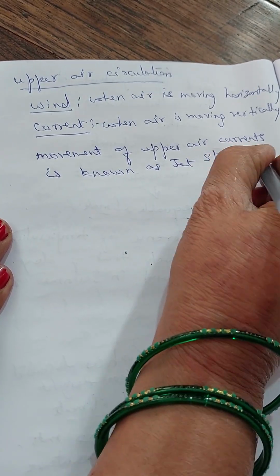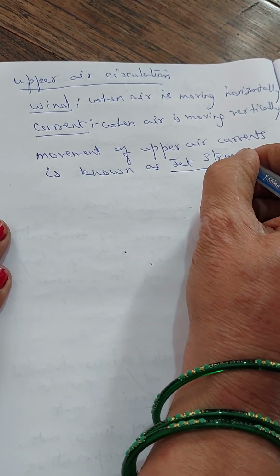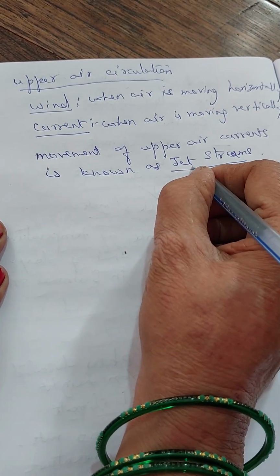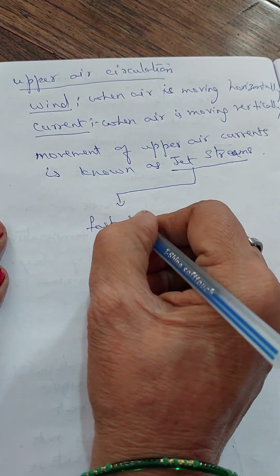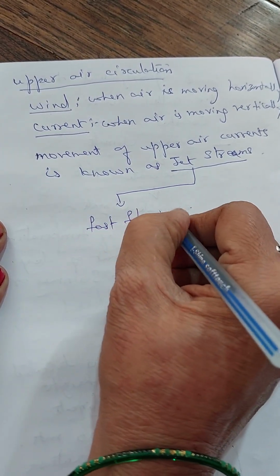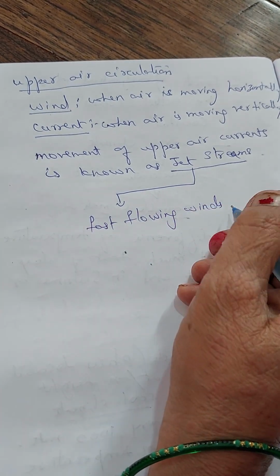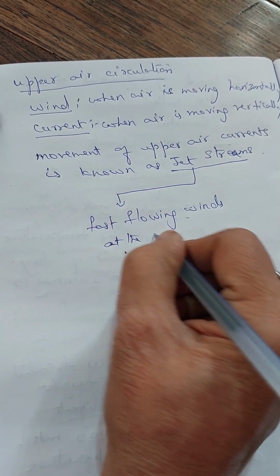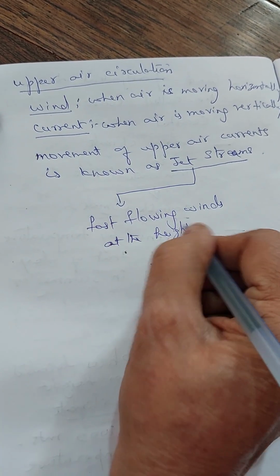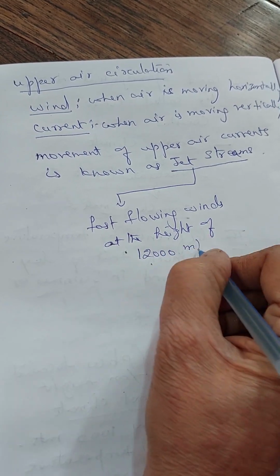These jet streams are fast flowing winds, children, moving in the upper atmosphere at a height of 12,000 meters.